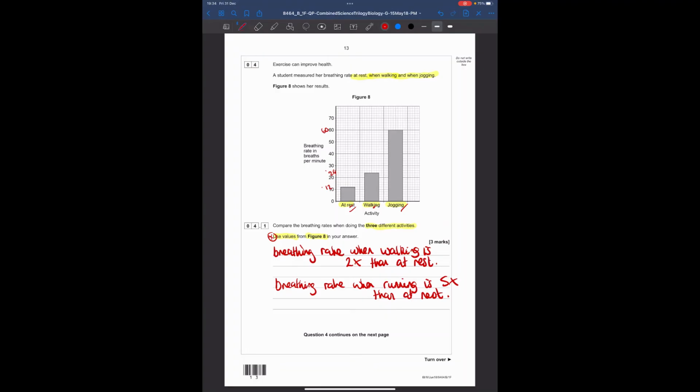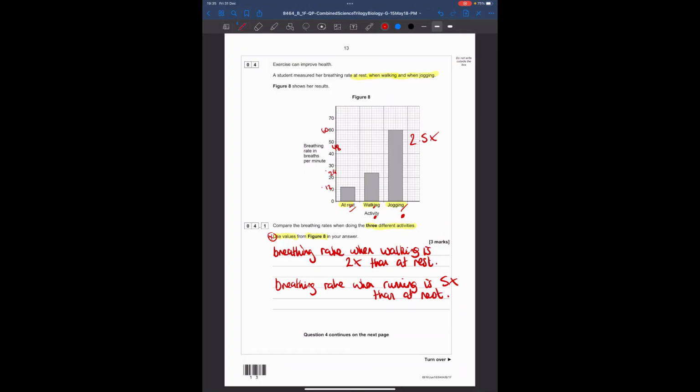Okay, then finally, for our third mark, we could compare walking and jogging. So how does 24 compare to 60? Well, if you double 24, you get 48, and then it's another 12, which is half the amount of 24, so it's 2.5 times bigger.